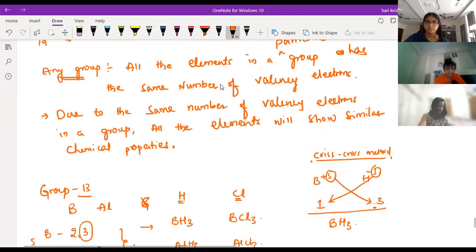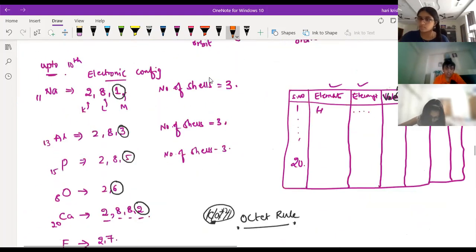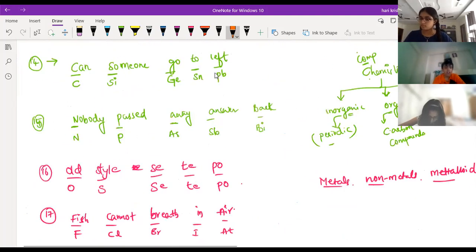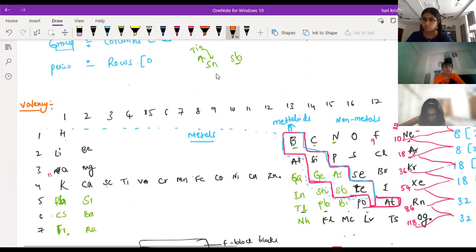Yes, sir. Now we will go to the periodic table and check it properly. That's why I asked you to leave some space at the top and sides of the periodic table. Can you tell me the valency of first group elements? +1.